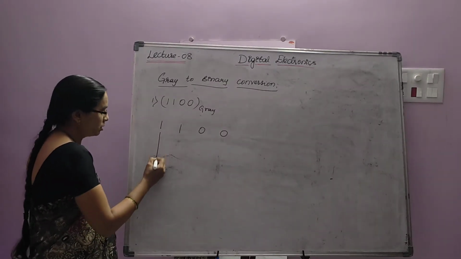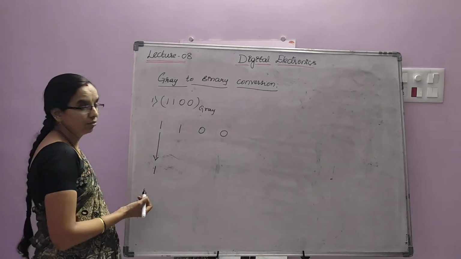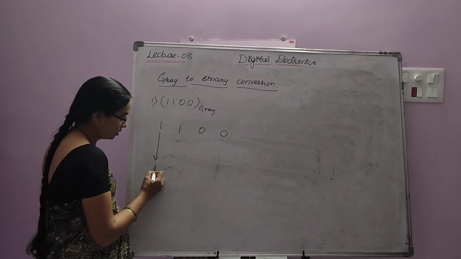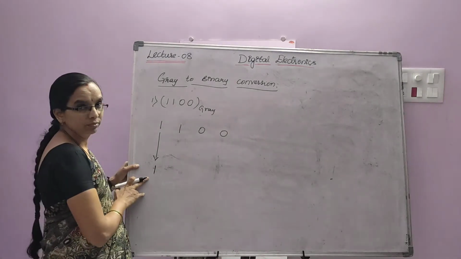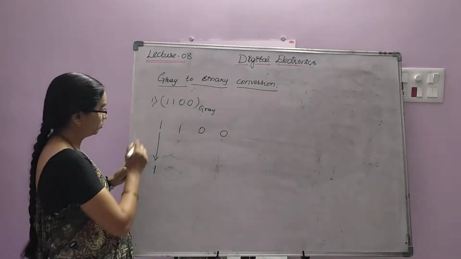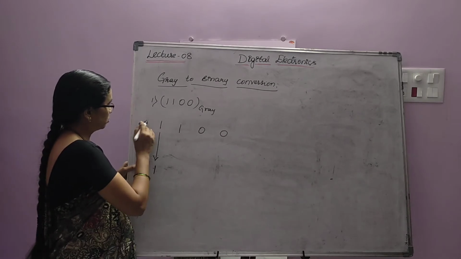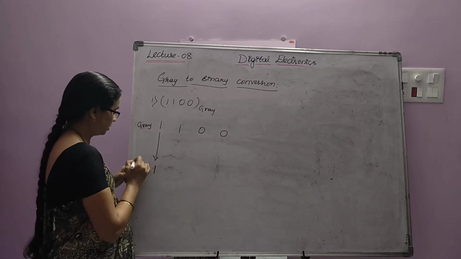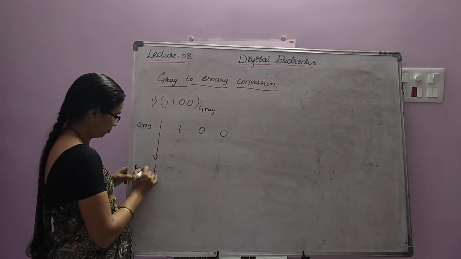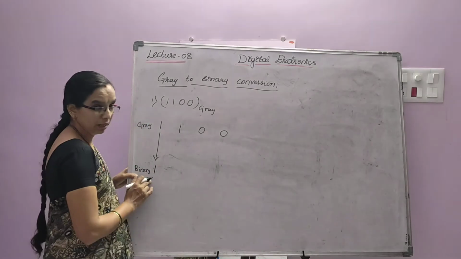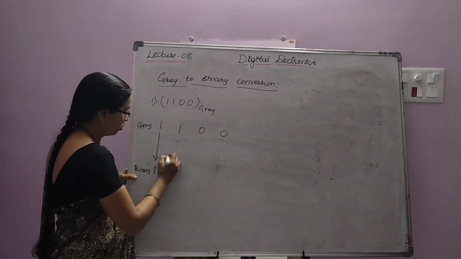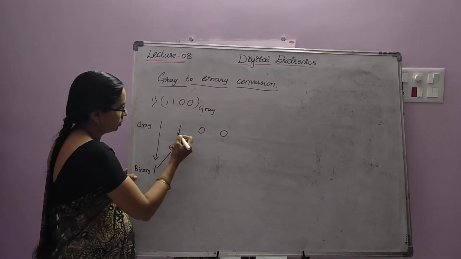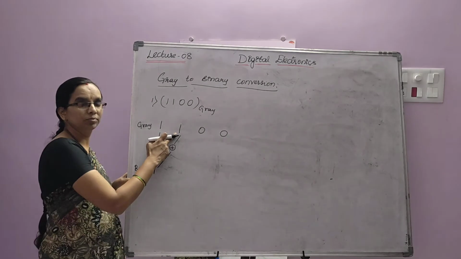The first MSB is written like that only, 1. This is gray, this is binary. So the MSB of the binary is XORed with the next bit of the gray.